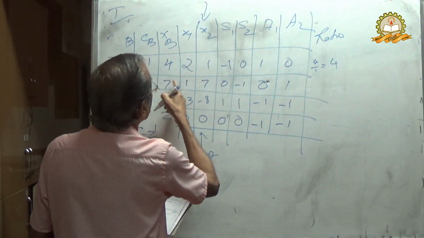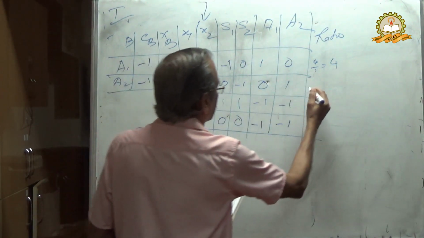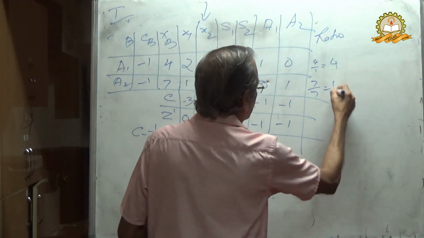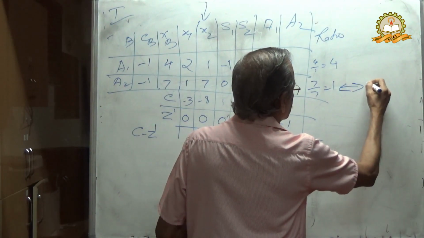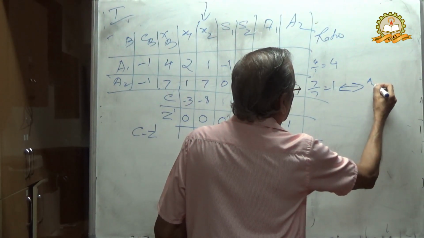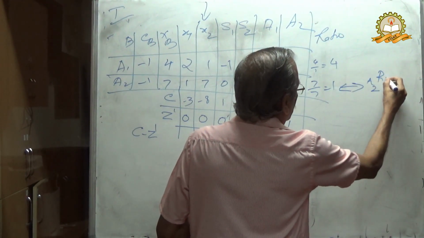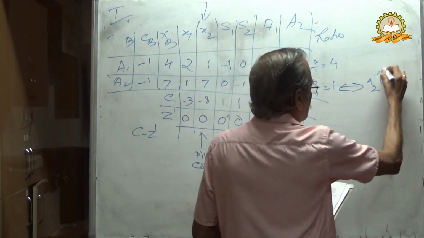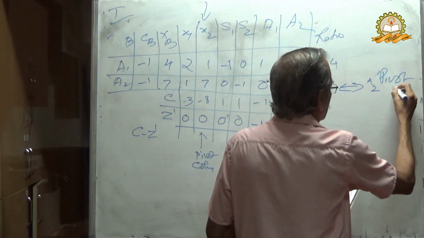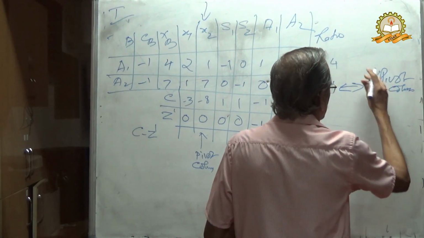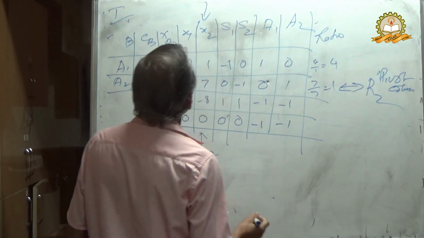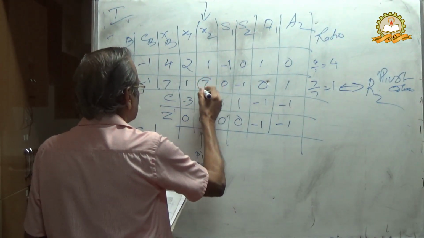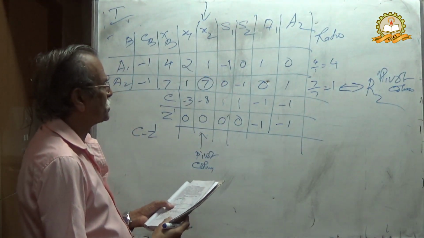Then 7/7 equal to 1. Therefore, the lowest number is this, and this is your pivot row R2. The pivot column is x2, and the pivot number is 7.